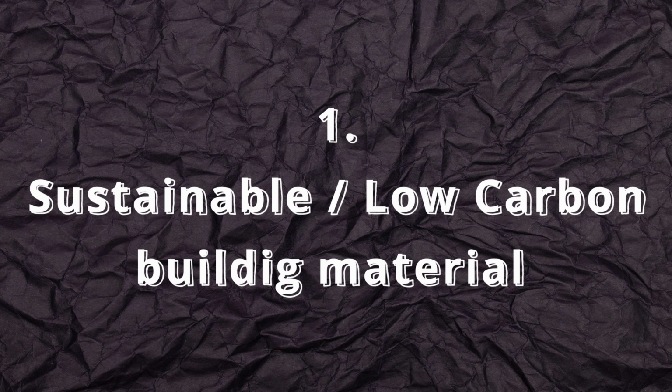This can be achieved through the following adaptations. The first opportunity to reduce the carbon footprint through construction activities is the use of sustainable building materials. The choice of building materials plays a crucial role in the environmental impact of a construction project.